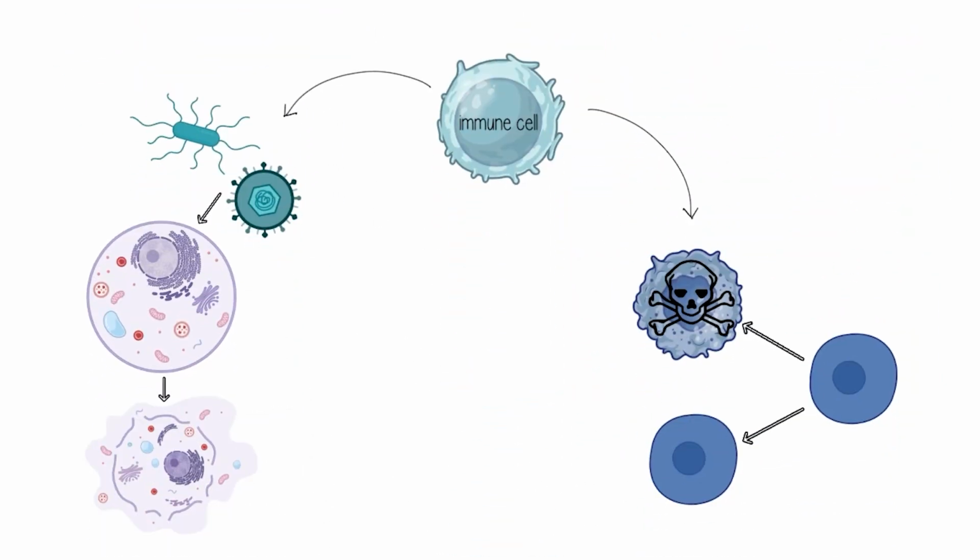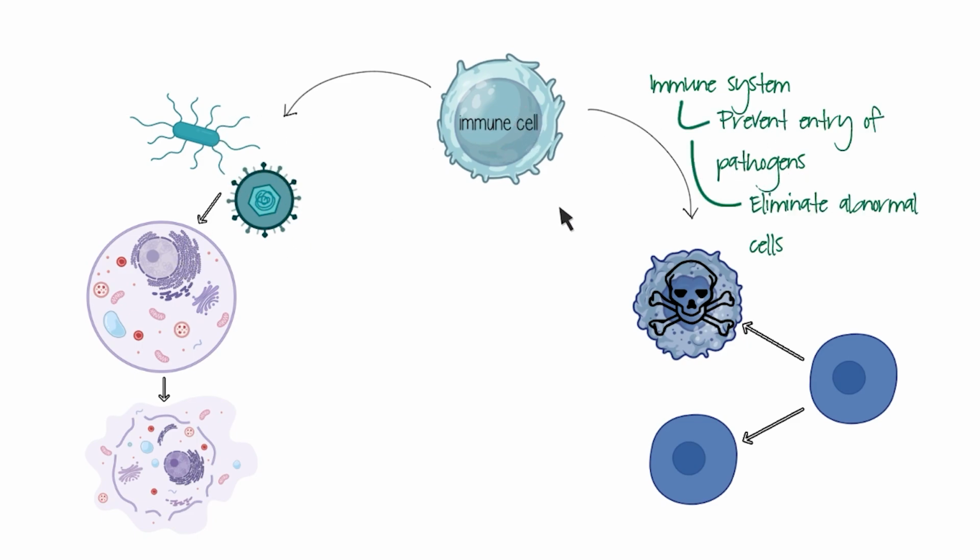In order to ensure that an organism stays healthy and that an efficient use of its resources can be maintained, its body uses its immune system. The immune system works to prevent foreign substances from entering the body and eliminate any cells that are abnormal or any foreign substances that did manage to get through.